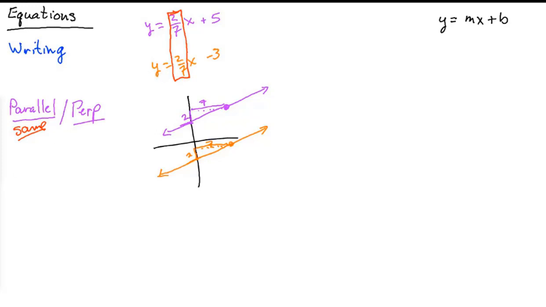And this way we're going to go a little bit backwards. Let's take this line right now, something with a slope of 2/7. So let's graph this guy. Slope of 2/7 here. And perpendicular. Think about what that would mean. So what would happen if you took and cranked this line?